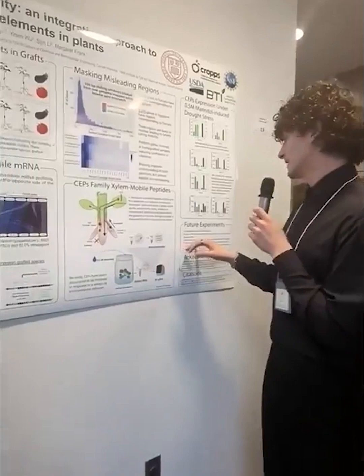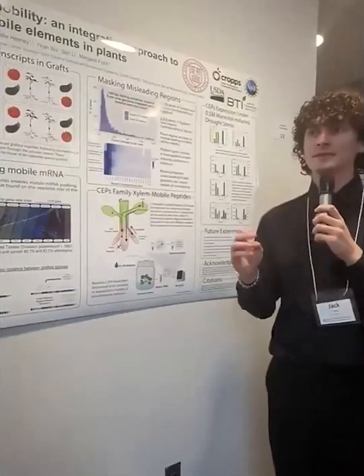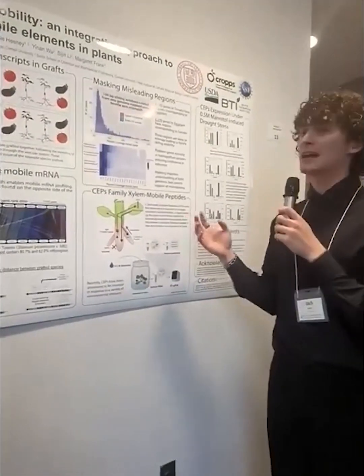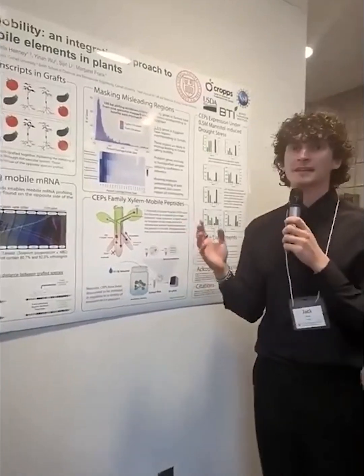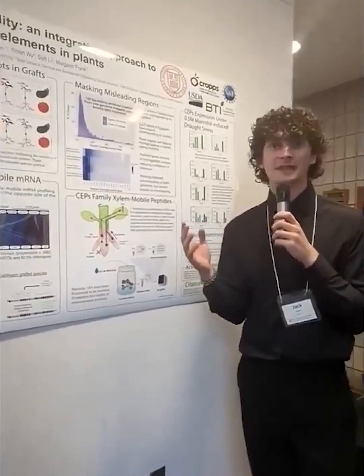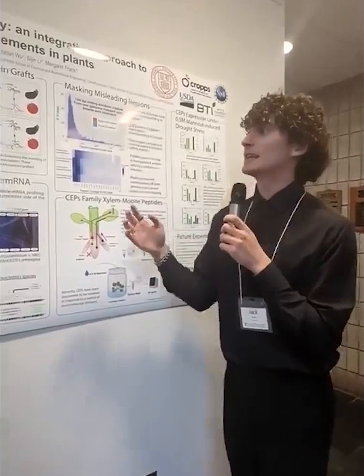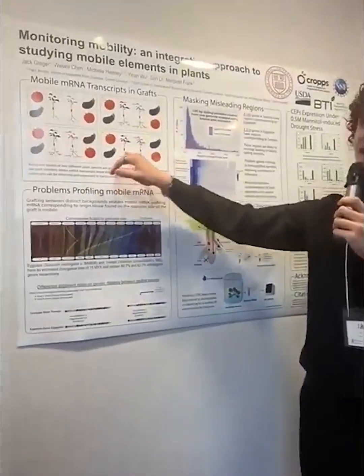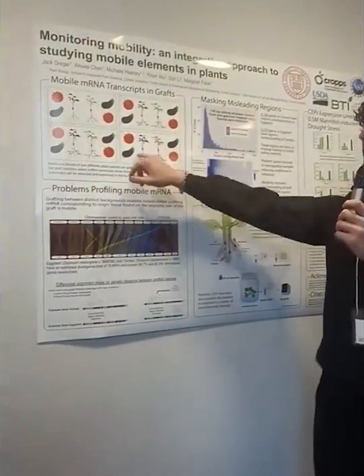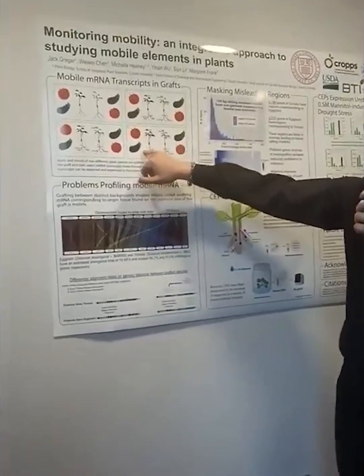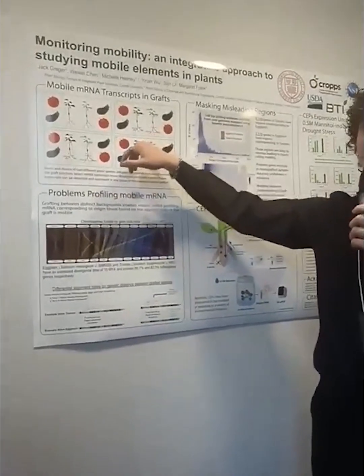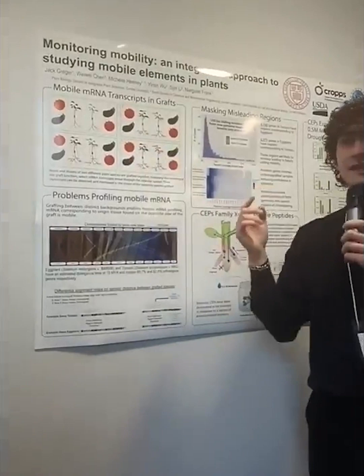Then we can recode these and use the mobile motifs to mobilize certain technologies. For example, the CRISPR-Cas9 system that uses targeted gene knockouts, we could have CRISPR-Cas9 that's mobilized via an mRNA introduced into the root of a grafted plant, and it transfers itself to the shoot of the grafted plant and then makes its selected gene cuts.